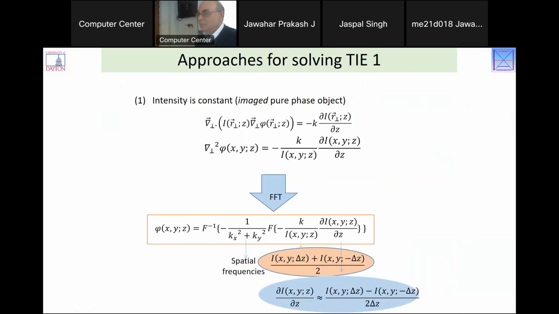You're taking a Fourier transform, dividing by something, and taking the inverse Fourier transform. There is no inverse tangent operation. Great thing, because that means whatever phase I get is unwrapped. So I use it as a phase unwrapper, and it works excellently.